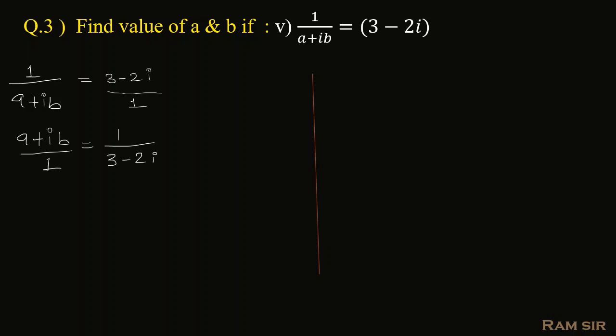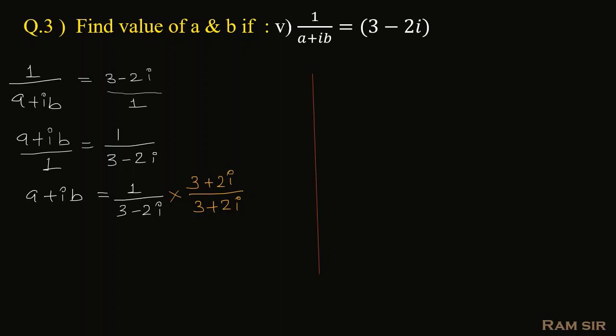So after doing invertendo, in next step, for finding value of a and b, a plus ib whole divided by 1 we will not write, and on right hand side which we have 1 upon 3 minus 2i, we will multiply by the conjugate of 3 minus 2i. So when we multiply the conjugate of 3 minus 2i, which is 3 plus 2i, whole divided by 3 plus 2i, then it becomes simple for us to find out value of a and b.